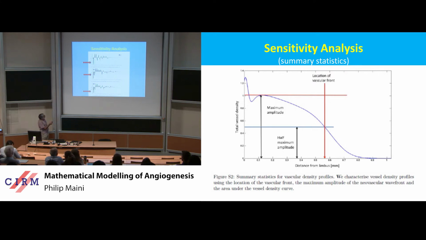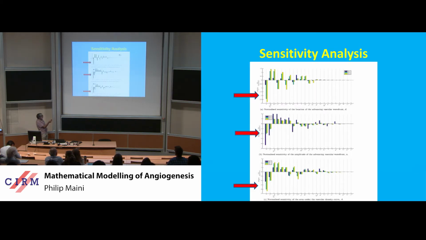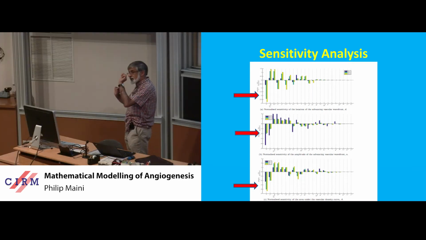So here, using all these different statistics, maximum amplitude, location of vascular front, etc., and this is tumor density, in each case we find there's one parameter to which the dynamics is most sensitive. In other words, if you change that ever so slightly, you will see a huge change in the dynamics of the vasculature.